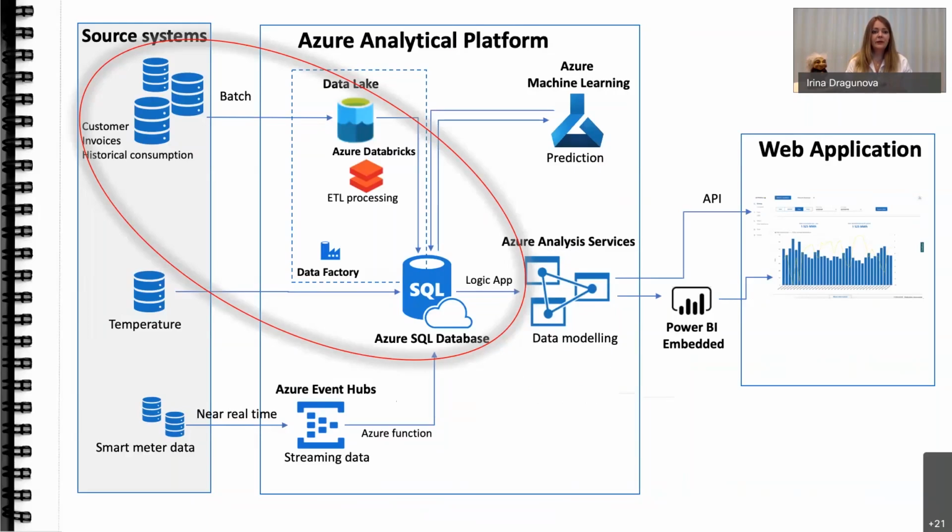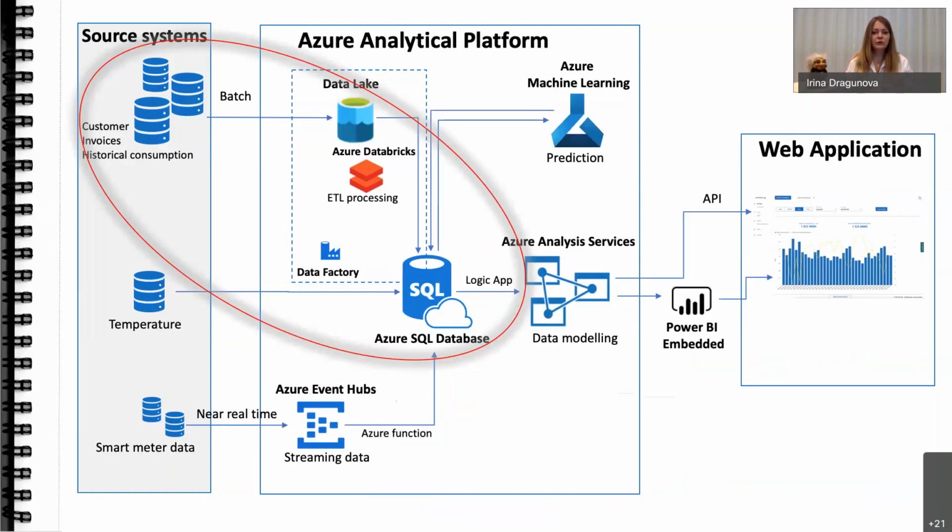This data comes every night with batch load, first to our data lake, where we aggregate and clean the data, apply some necessary transformations using Azure Databricks. Databricks is a data engineering tool which is used for parallel processing and transforming really massive quantities of data.